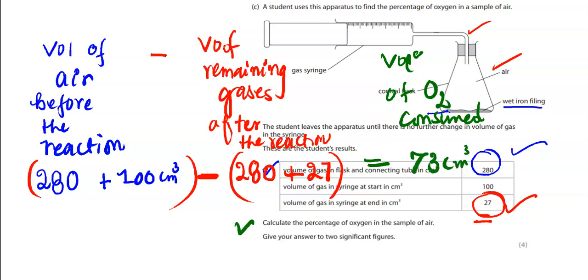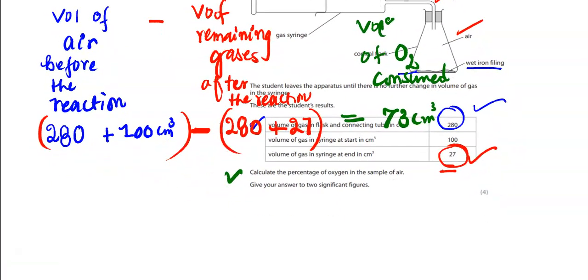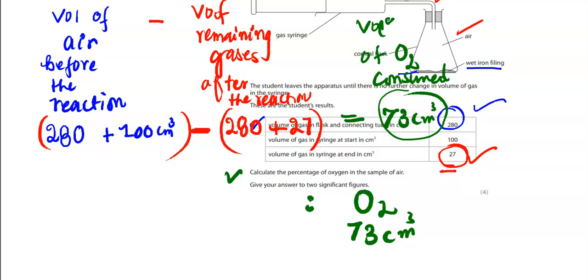Now they are asking, calculate the percentage of oxygen in the sample of air. How can we calculate the percentage of oxygen in the air? You know this 73 centimeter cube is basically the volume of oxygen in the total volume, which is 280 plus 100 centimeter cube, the total volume of air, that is 380 centimeter cube, right?